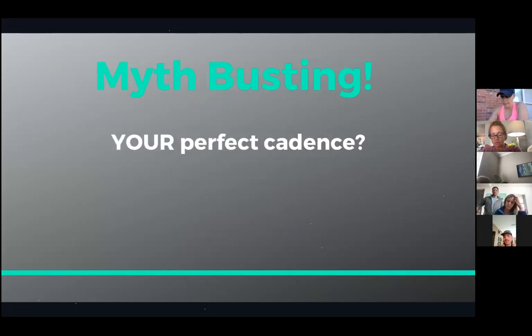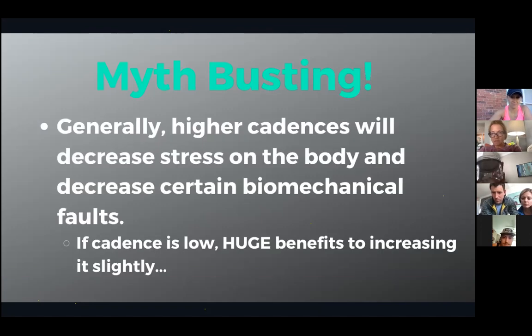But you can find an ideal cadence that generally feels best for you and your body. That would be your ideal cadence for a given set of circumstances, such as speed. Cadence is very speed dependent, and it's very dependent on incline if you're going up or down a hill, and on the terrain as well. So these are some considerations.